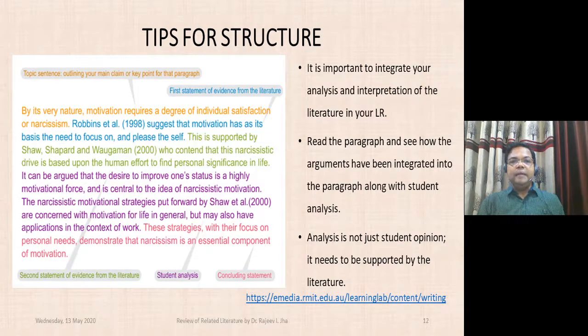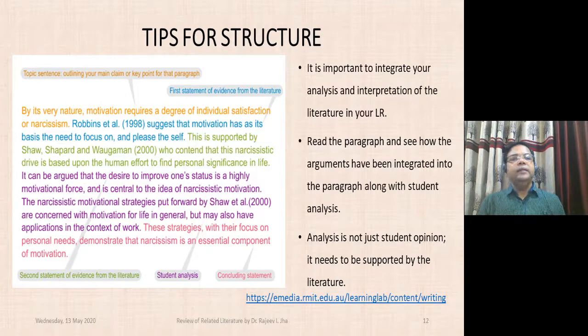In this example, we find the topic sentence outlines the main claim or the key point for that paragraph, and that is given in orange color. The first statement of evidence from the literature is in blue color. Notice how the authors and the year of the study are cited.